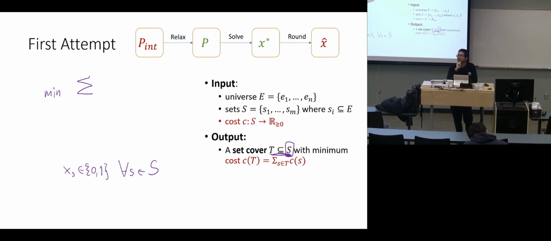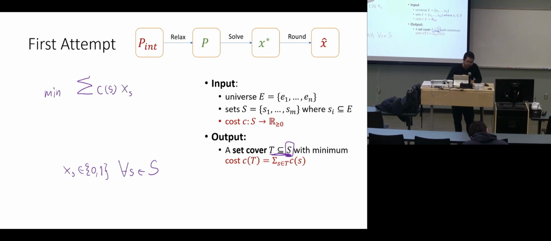What should be the objective? Yeah. Try to minimize the cost of the set. So it'd be like the sum of c_S times x_S.